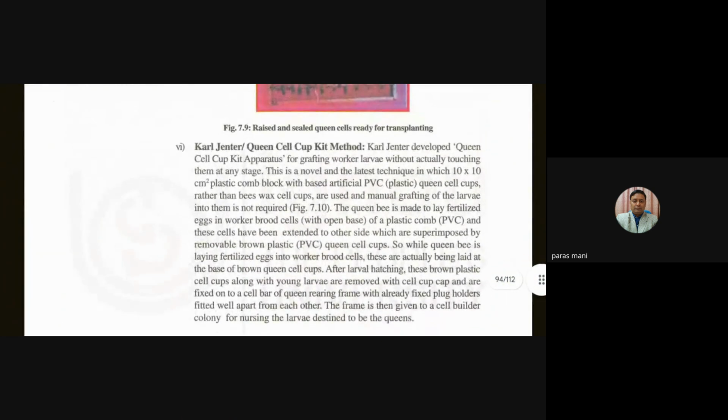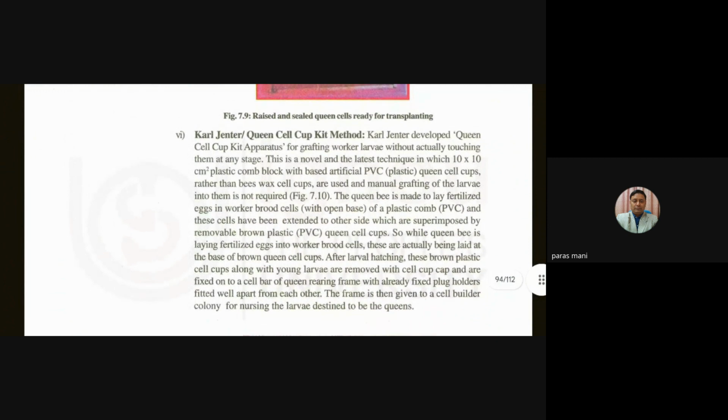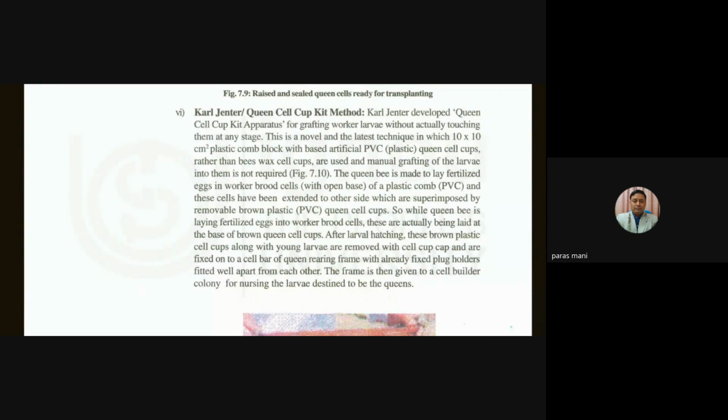Here, almost the same principles are used, but the difference is we use PVC material, readily available queen cup cells. Here the complete kit will be available.